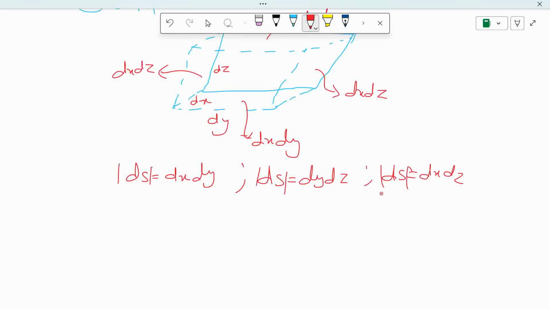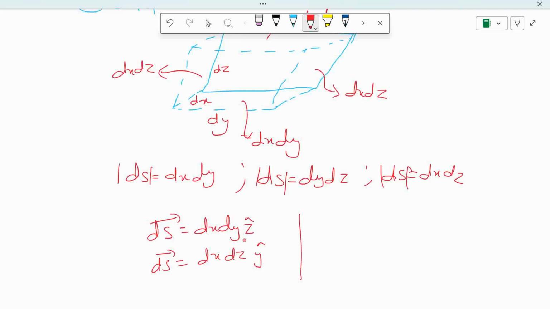Now we have to write the vector which has both direction and magnitude. So this is dx dy z cap if it is along z, or dx dz y cap, and it can also be minus z cap.